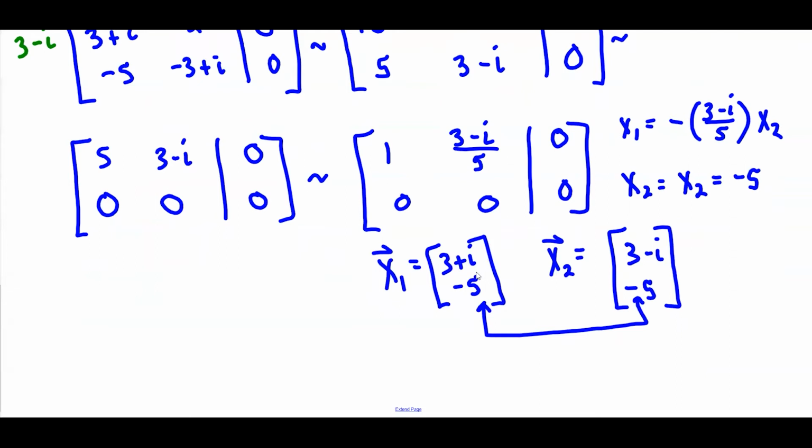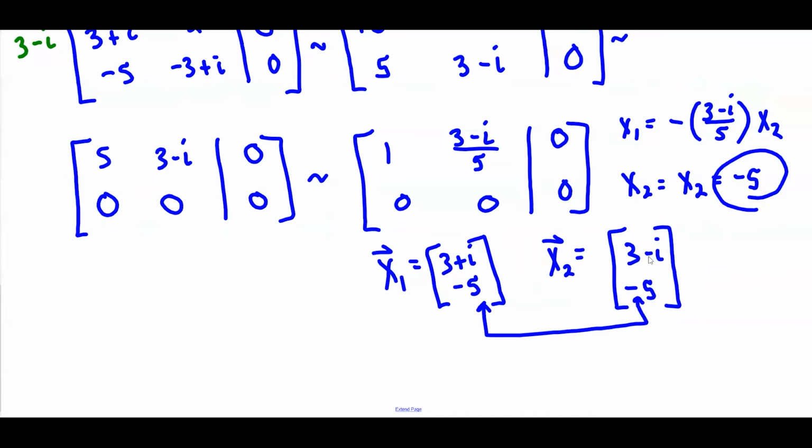Is this true all the time? It actually is, right? If your eigenvalues are complex conjugate pairs, their eigenvectors will be complex conjugate pairs. You might get different forms, because we could have picked a different x2 here and it would look different. But because I picked the same one, I got exactly the complex conjugate.